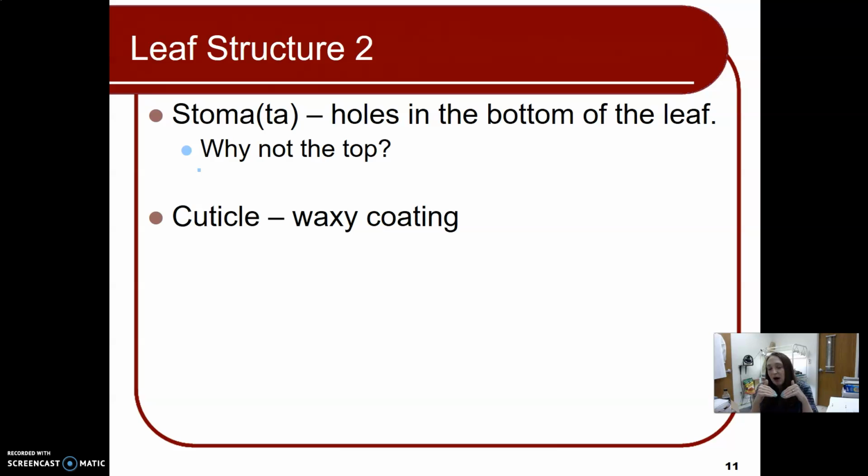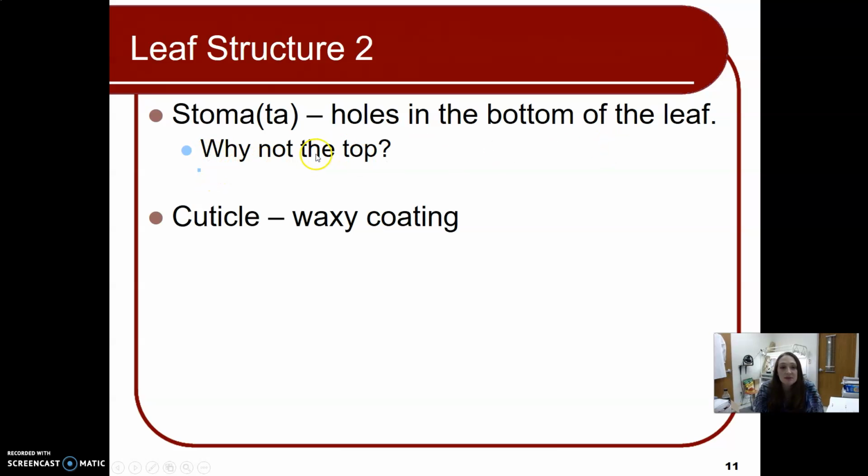The shady bottom of the leaf is a little bit cooler. It's shaded, so it's on the underside. And that allows gas exchange, but you're not going to lose as much water. So there's no waxy coating on the bottom of the leaf because that's where they need to have those holes open and exchange gases.